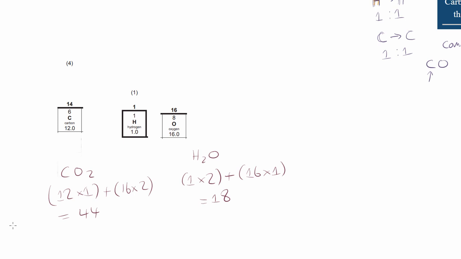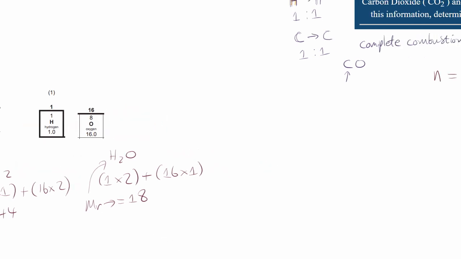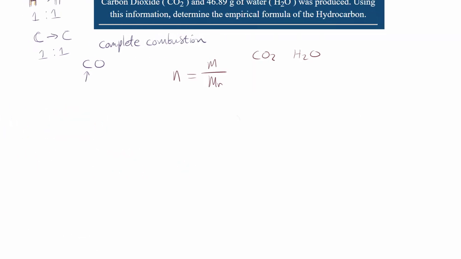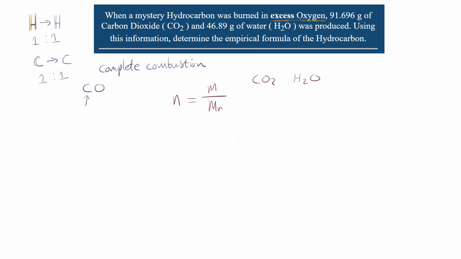So we know that the Mr of the CO₂ is 44, and the Mr for H₂O is 18. Given those numbers, what we're going to do now is work out the moles of the CO₂ and the moles of the H₂O, and we're going to do that using this relationship.